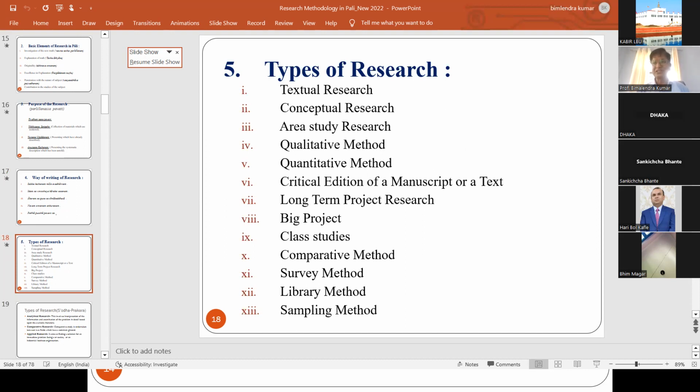But what are the research topics which are generally taken for our subjects or disciplines of Buddhist study related with Pali language literature, Sanskrit Buddhist literature, Buddhist history, Buddhist philosophy, Tibetan language literature, Chinese language literature, and how the types of research which are generally undertaken by research scholars, we will discuss one by one in our next class, day after tomorrow.